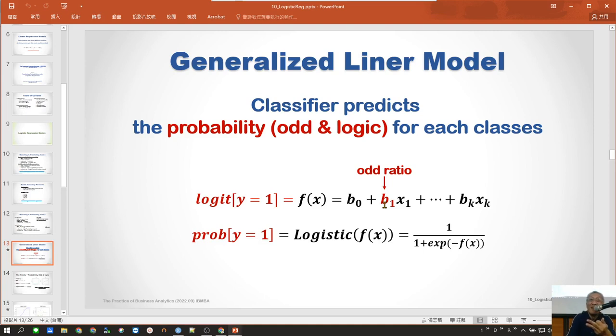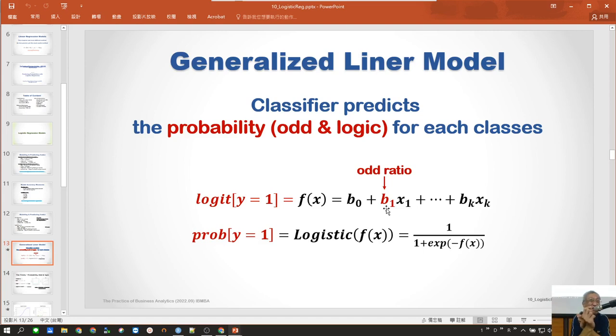Okay? So the detailed calculation could be quite complicated, and I don't really have time to cover every detail, right? The one thing you need to remember is that the coefficient needs to be exponentiated, right? The second thing is that it is actually the odds multiplier instead of the incremental probability, okay?